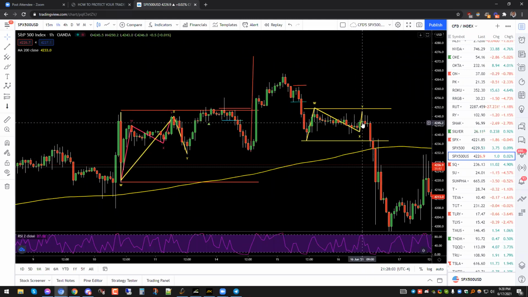So let's see. We got 8 to 9, 9 to 10, and then we're getting the 10 to 11 candle. We have 11 to 12.